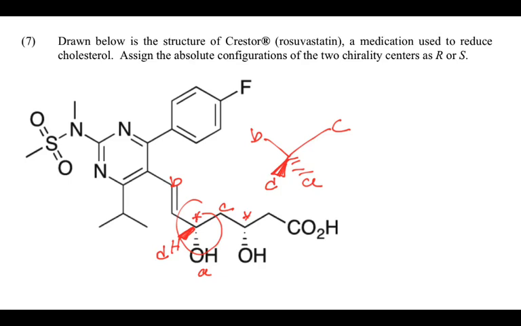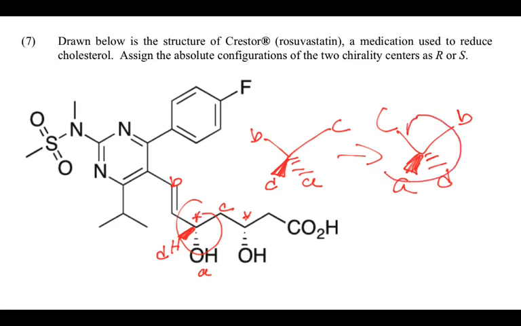So the oxygen is highest priority, right? D is the hydrogen, clearly. C. Yes, B is the carbon here. This carbon. Is that right? I think so, right? Well, let's see.